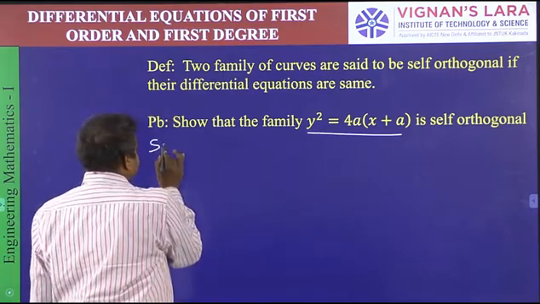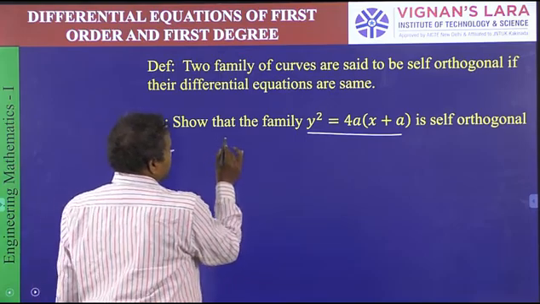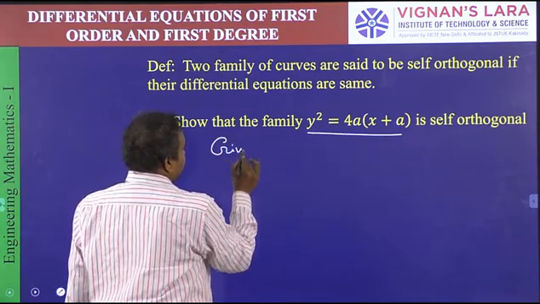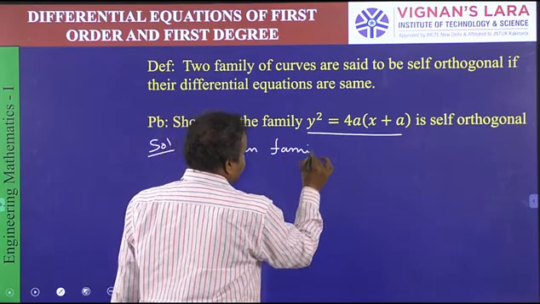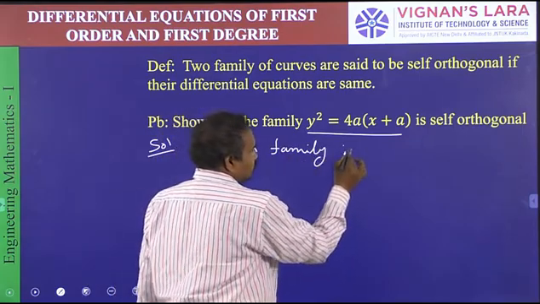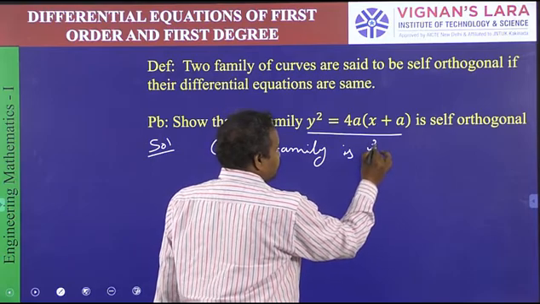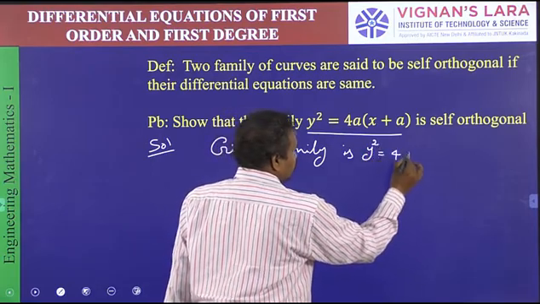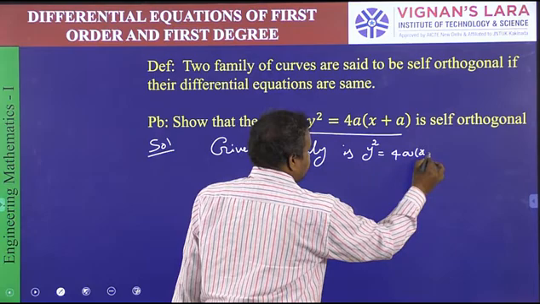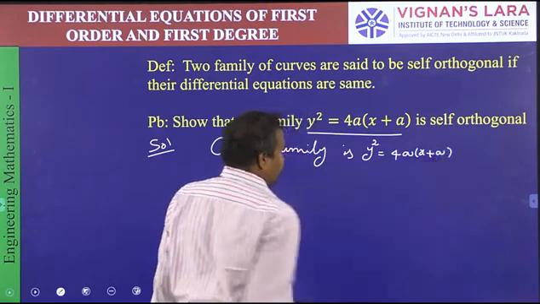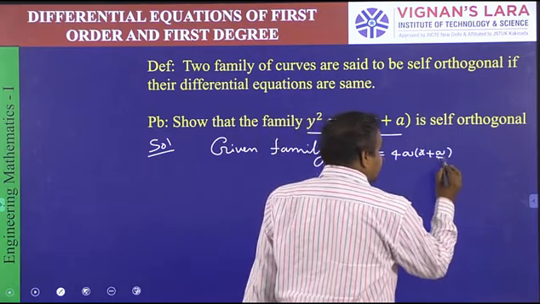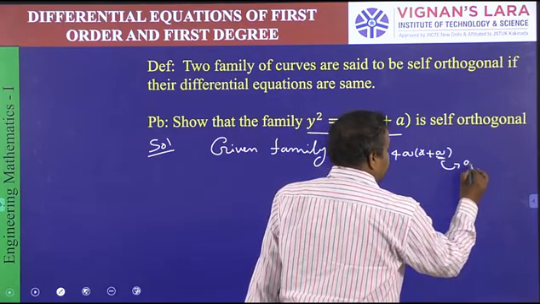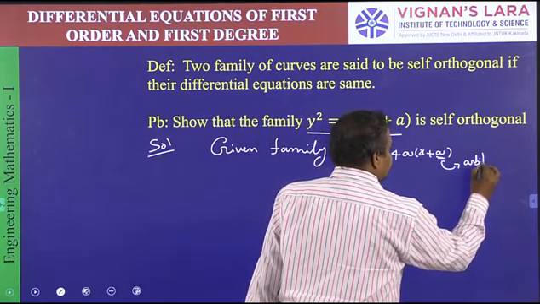So for this, the given family is y square is equal to 4a into x plus a. Here a is an arbitrary parameter.